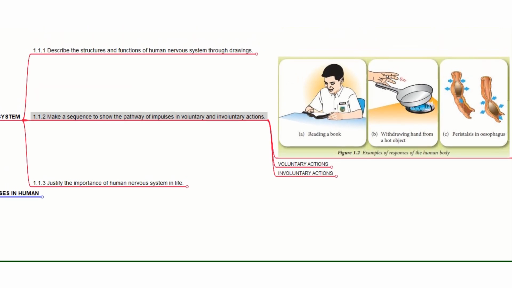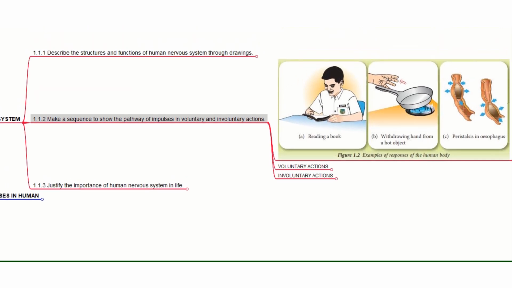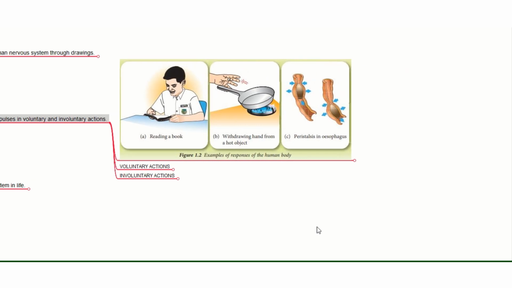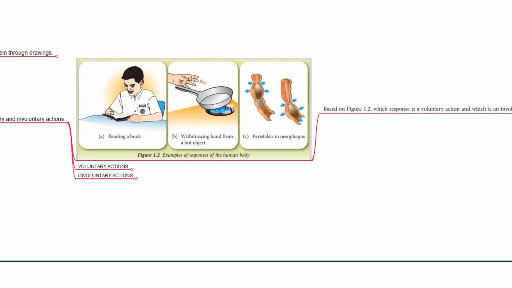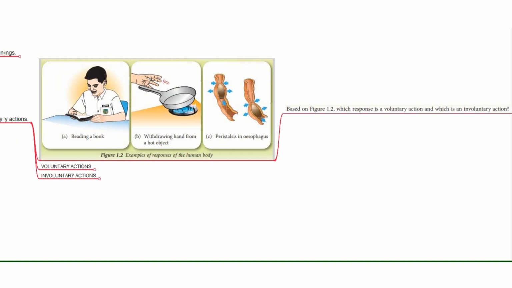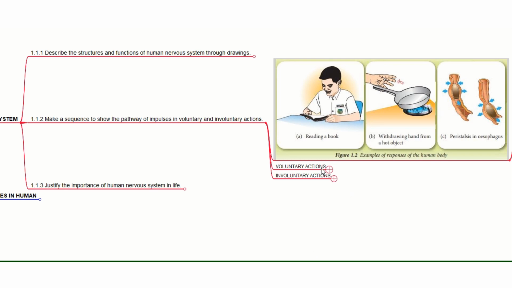These are the examples of responses of the human body, like reading a book, withdrawing hand from a hot object, and peristalsis in the esophagus. Based on figure 1.2, which response is a voluntary action and which is an involuntary action? Let's take a look.